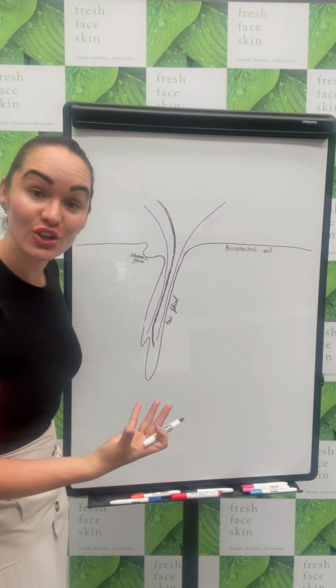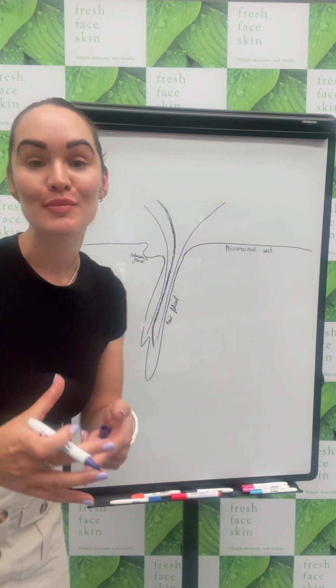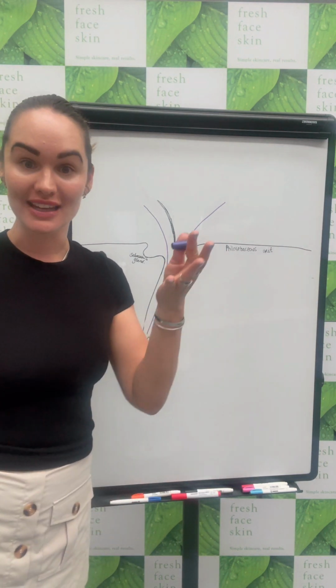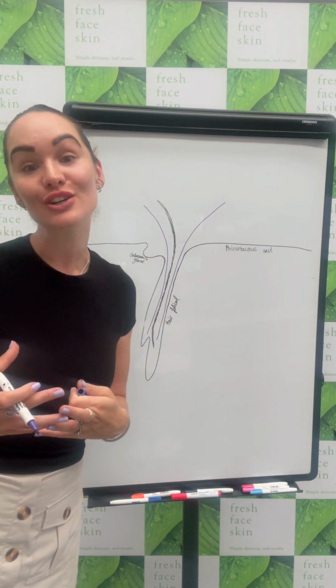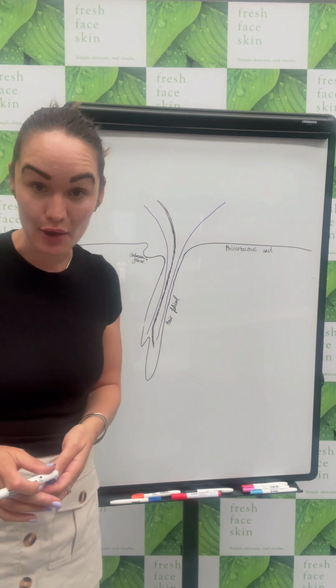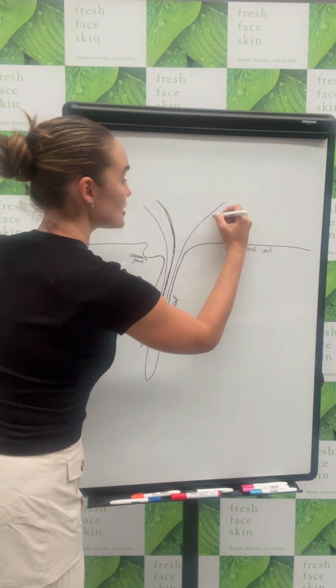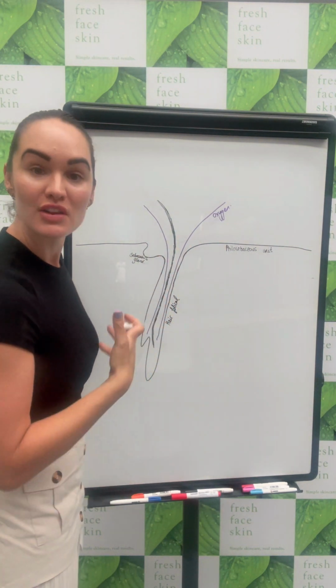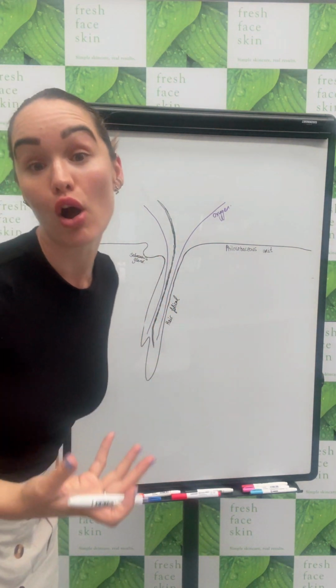And what oxygen creates in the skin is an environment that is free from bacteria. So it is essential that oxygen is able to enter our hair follicles, and it's also a really important part of energizing our skin cells as well. So oxygen is a must in order to keep the skin healthy, functioning at its best, and free of congestion.